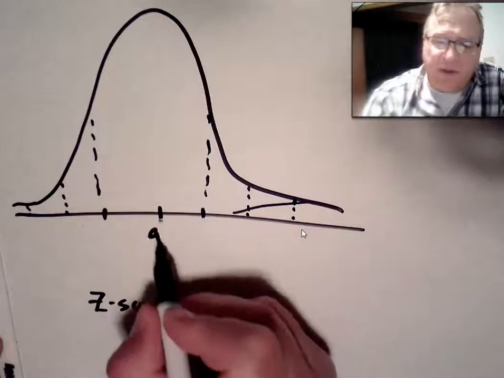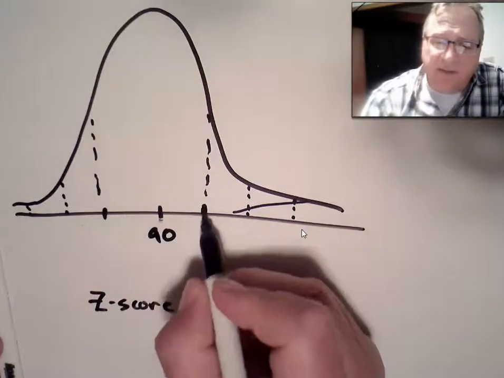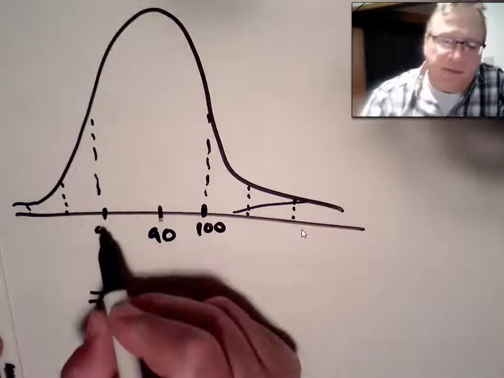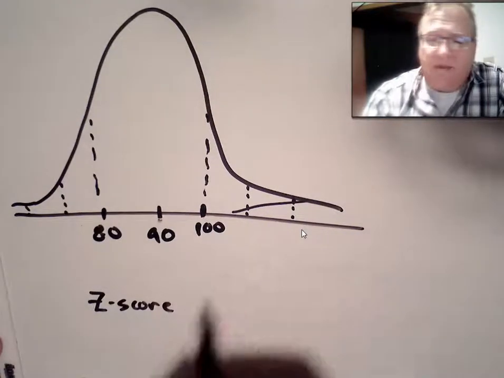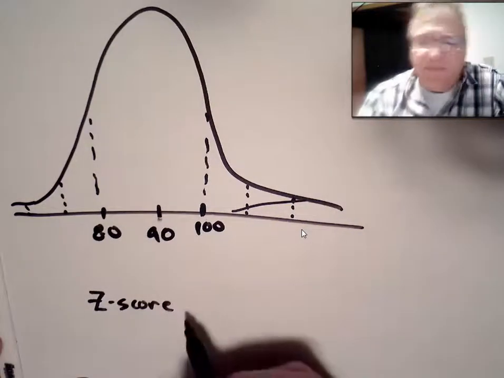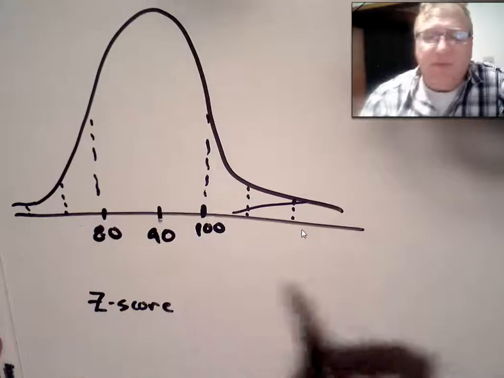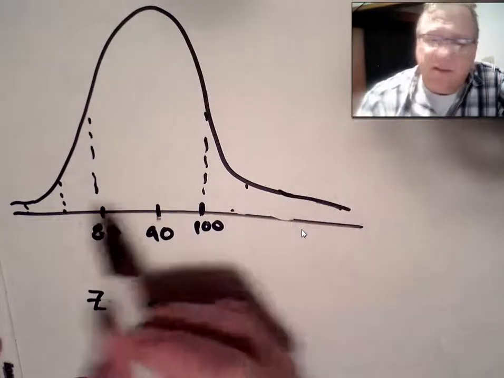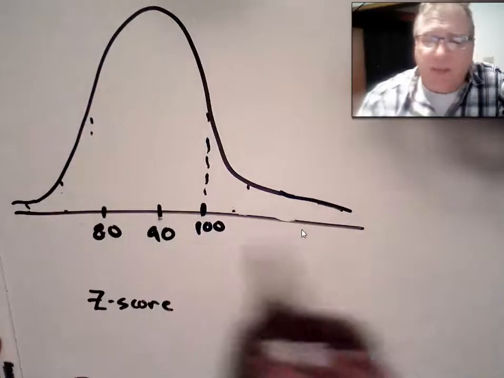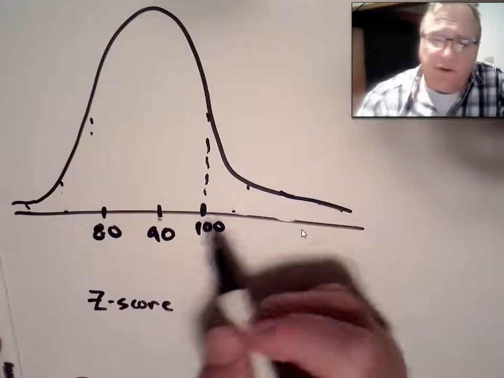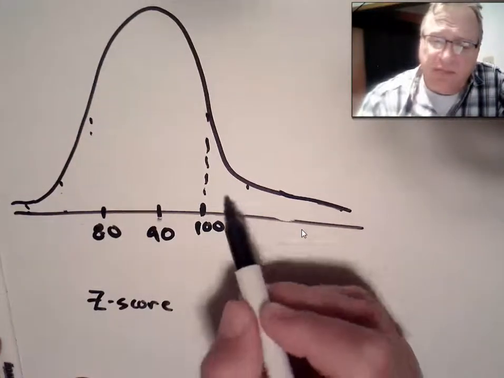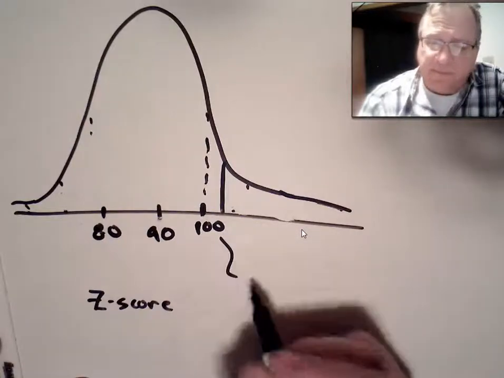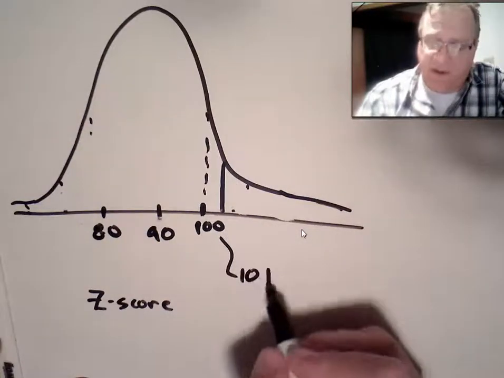Numbers. So we might have 90, and if standard deviation is 10, this value would be 100, and this one would be 80, and so on and so forth. And so we learned that we can predict, let's say if we wanted to know, what is the chance that a particular value falls at, oh, let's say, right there, at 104.